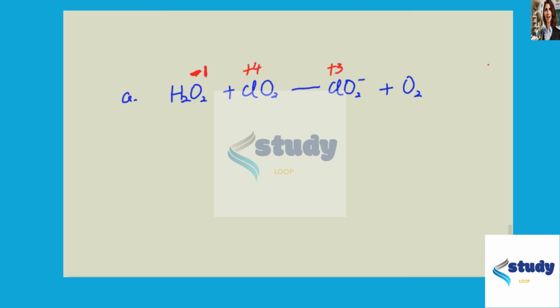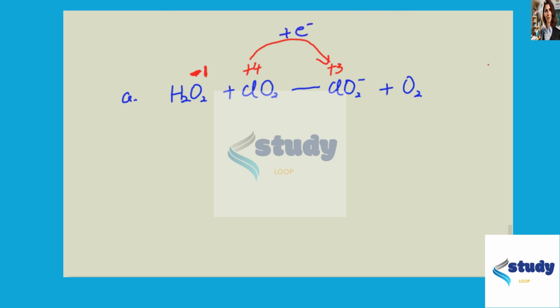So the chlorine is getting electrons. From chlorine dioxide to the chlorite ion, it's gaining 1 electron.